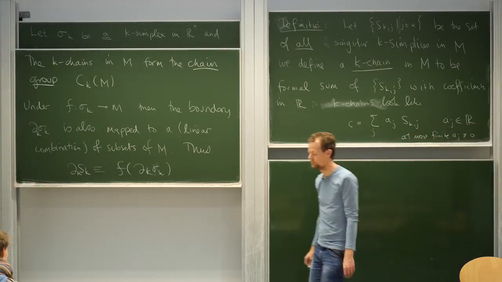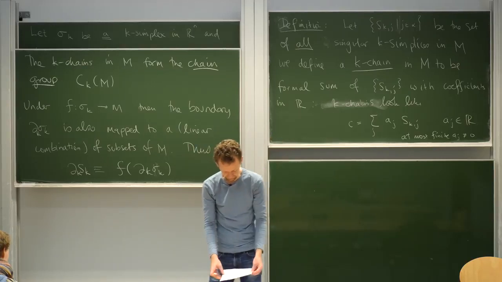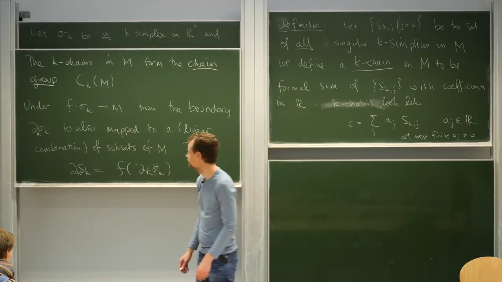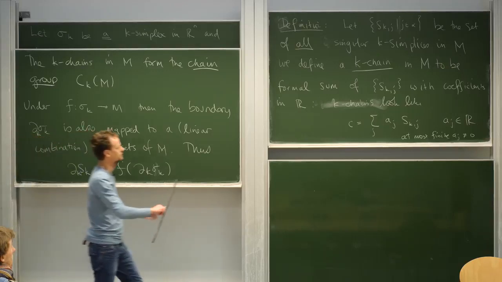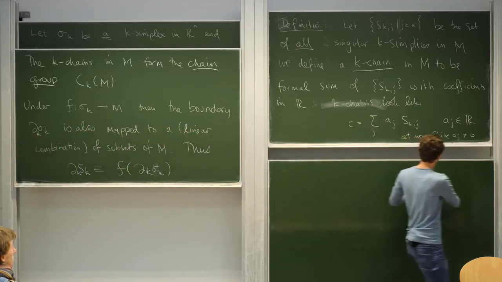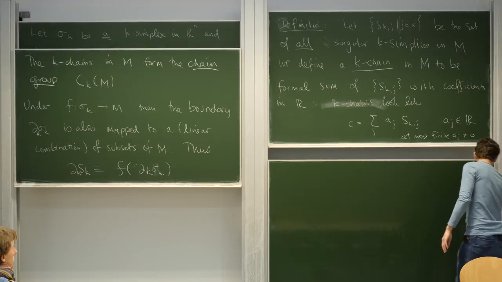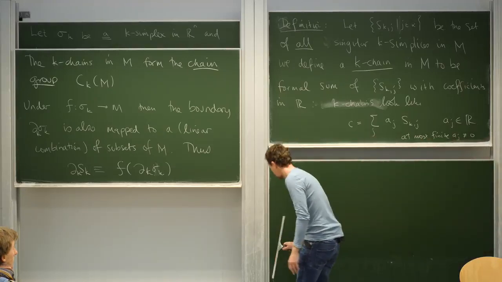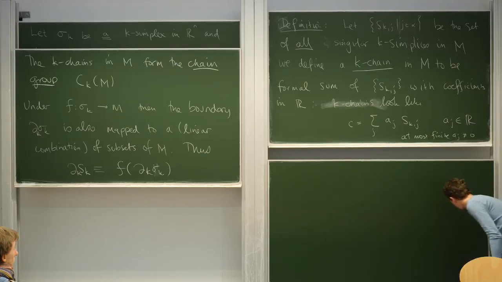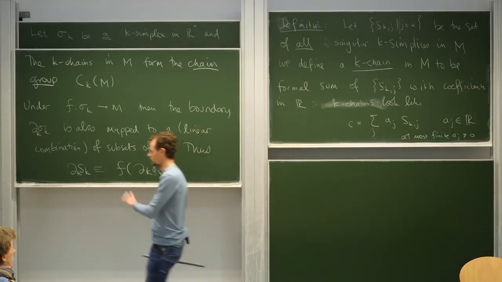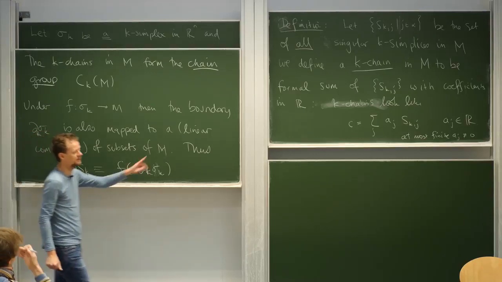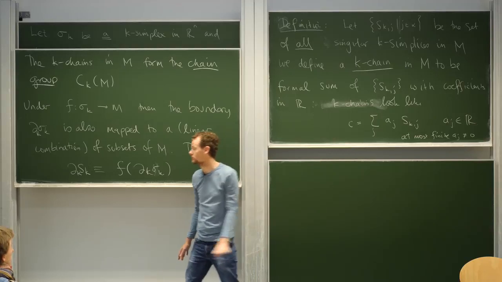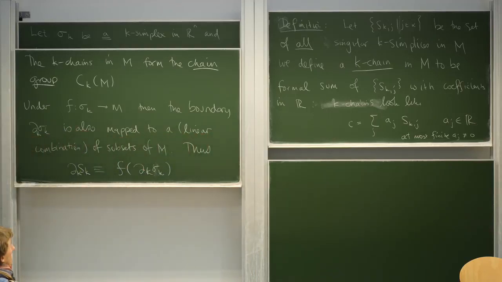I think that's the safest way to proceed at this point. In the end, we'll actually focus on a finite number of singular k-simplices anyway when we actually do our integration.